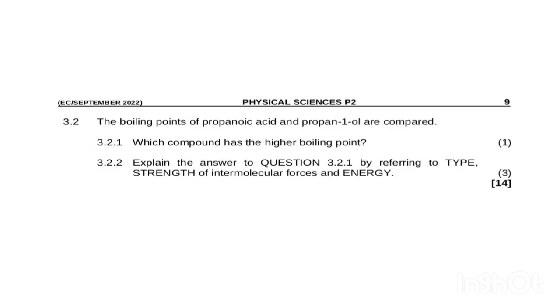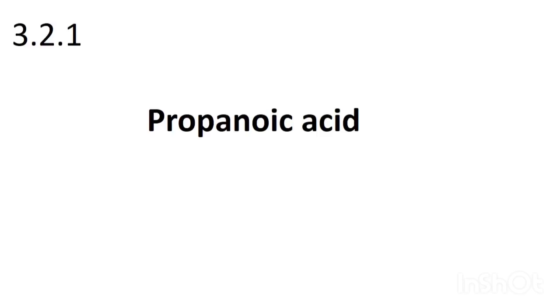So that means the intermolecular forces are stronger in the carboxylic acid since it has two sites of hydrogen bonding. If the intermolecular forces are stronger, that means the boiling point is higher. So which one has a higher boiling point? It's propanoic acid, right? Because of the two sites of hydrogen bonding.